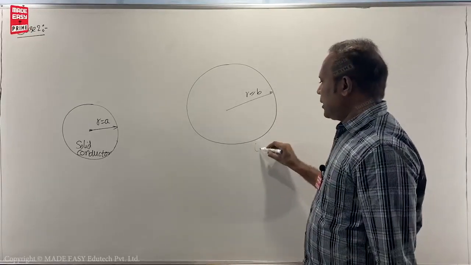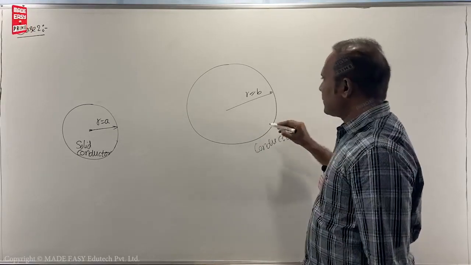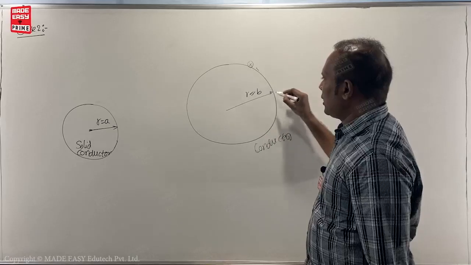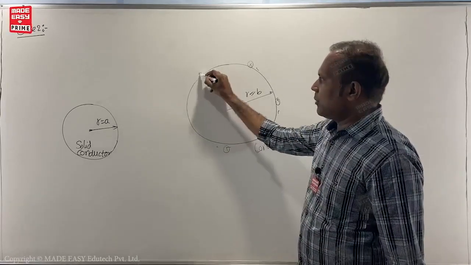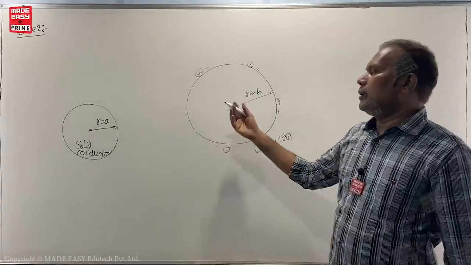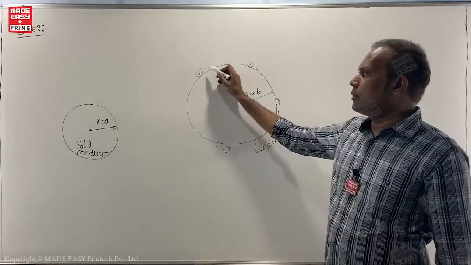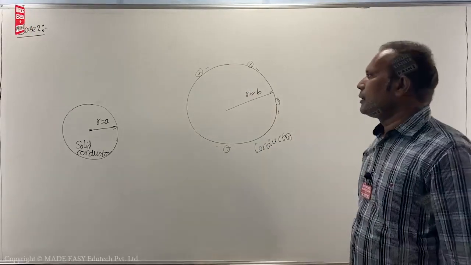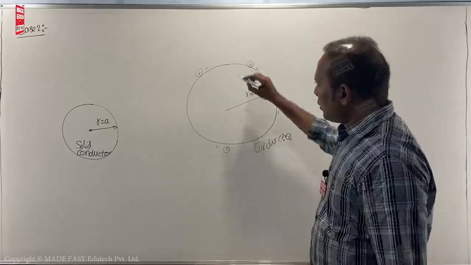Now this conductor has positive ions and free electrons, so that it is neutral, because any conductor has positive conductor atoms. Positive conductor atom becomes an ion, so free electrons. It is neutral actually. Now you cut this here.